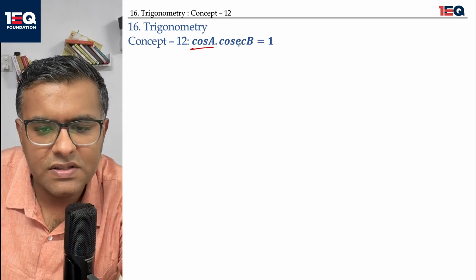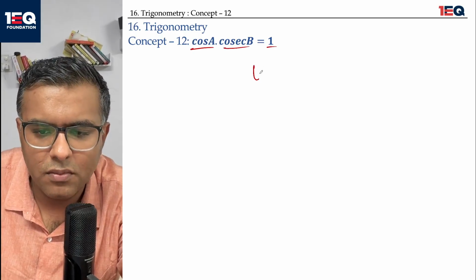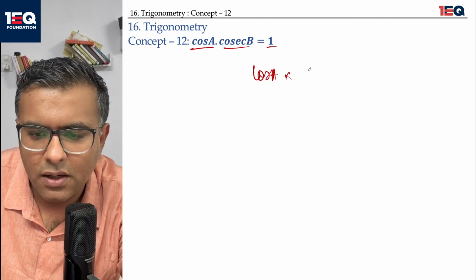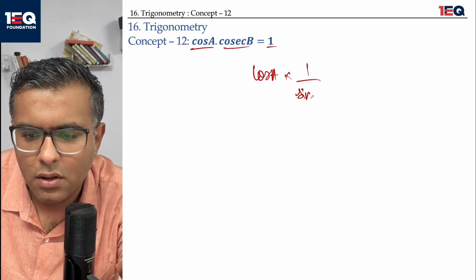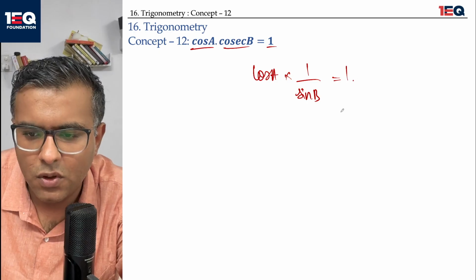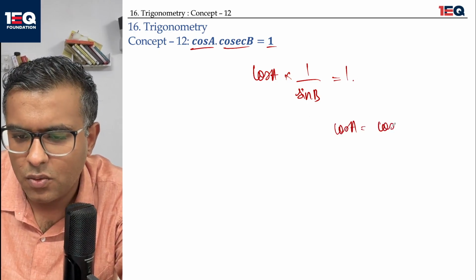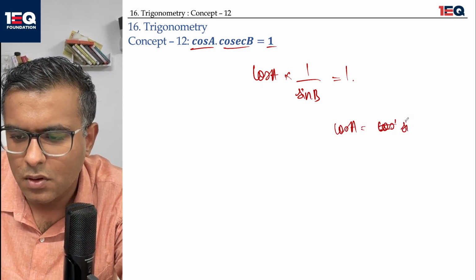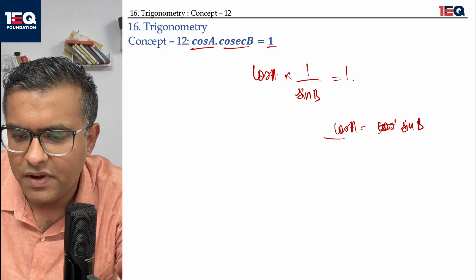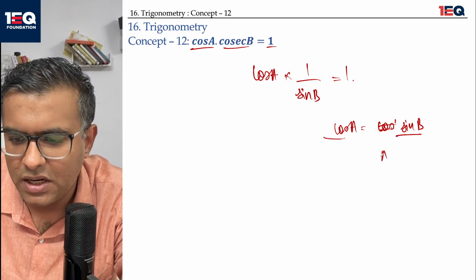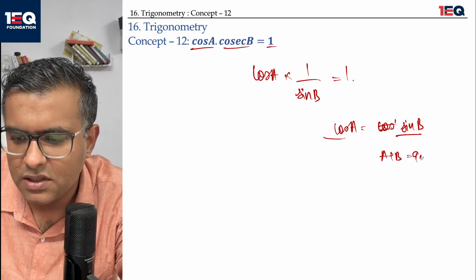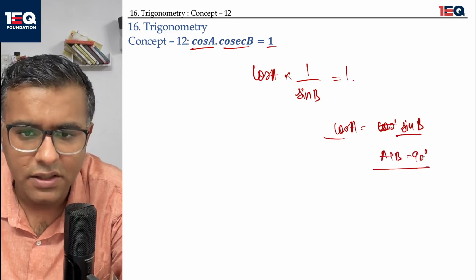Same scene, cos A into cosec B is equal to 1. That means cos A into 1 over sine B would be equal to 1. This means cos A would be equal to sine B. When this situation occurs, I know that A plus B is equal to 90 degrees.